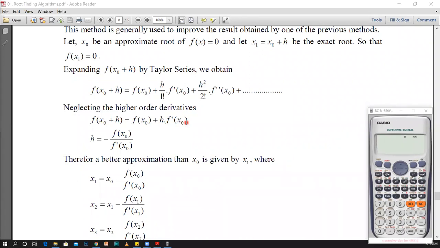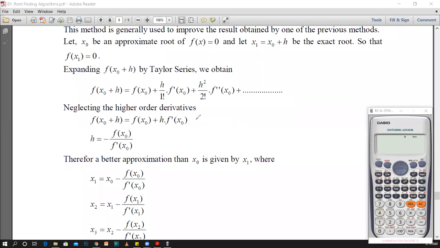Now we can use this equation to obtain a value for h. We can obtain the value of h as minus f(x naught) divided by f dash x naught. We will get it in this way.